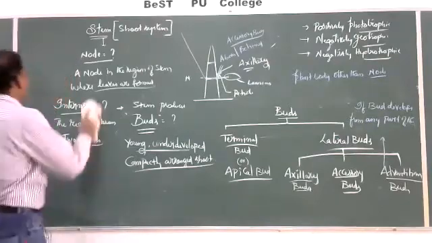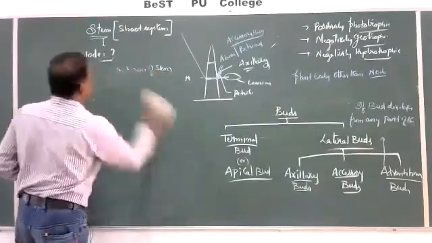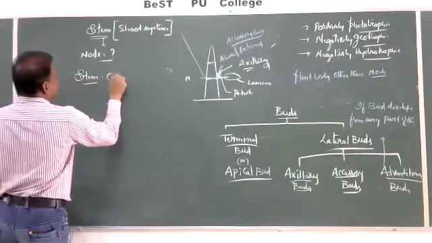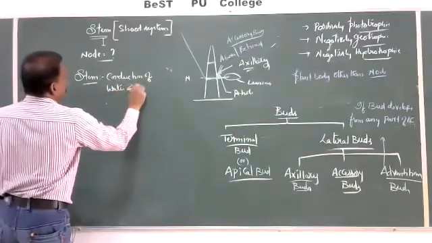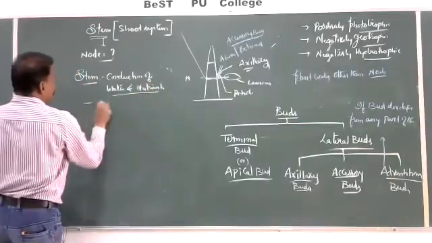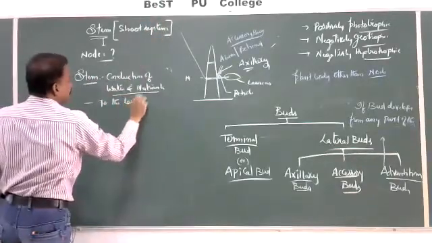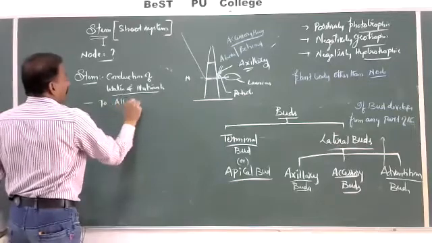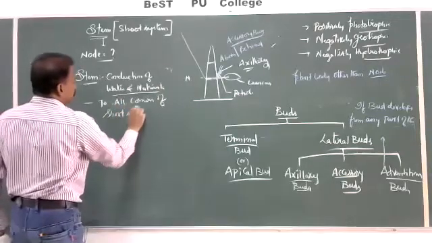Stem is responsible for the conduction of water and nutrients to the last leaves, to all corners of the plant body, to all corners of the shoot system.